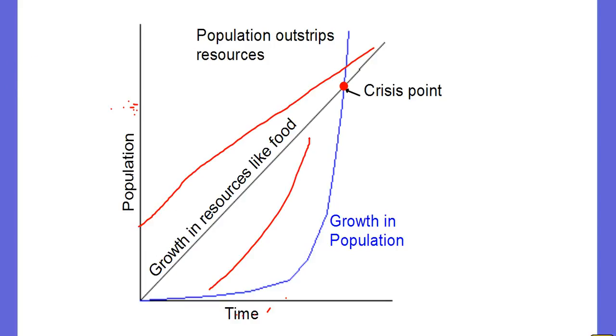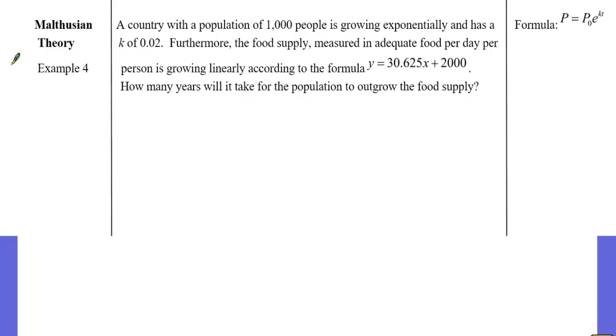All right, so let's read the problem. Take a look at the formula that we have. It doesn't look any different than our population growth model, but we now have to take into consideration the food supply. So we have the same formula representing how populations of people grow. So let's identify some information. The country with a population of 1,000 people. So what's that represent?